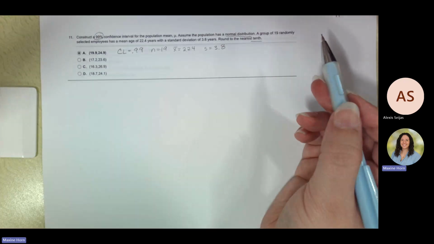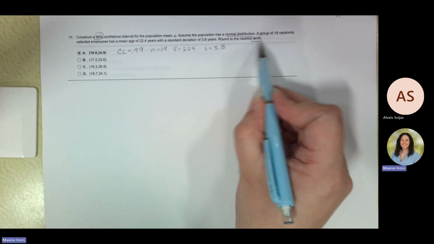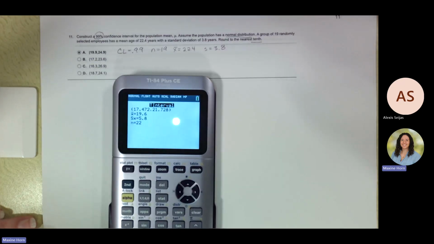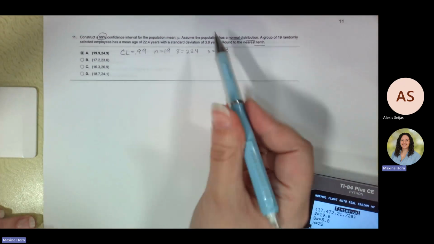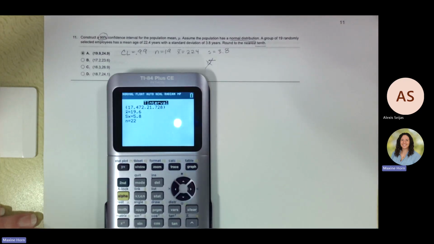Oh, did the last one actually specify? No, it didn't specify how many to round to, but this is specifying to round to the nearest 10th. So again, I could do this by hand or I could do it in the calculator. I'm just going to do it in the calculator. I have a sample standard deviation, not a population standard deviation, so I'm going to use a T interval.